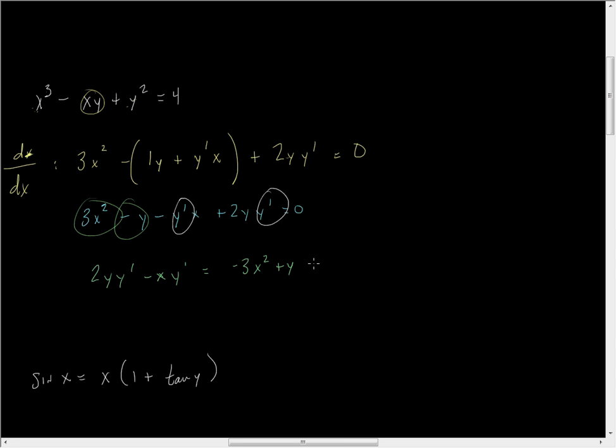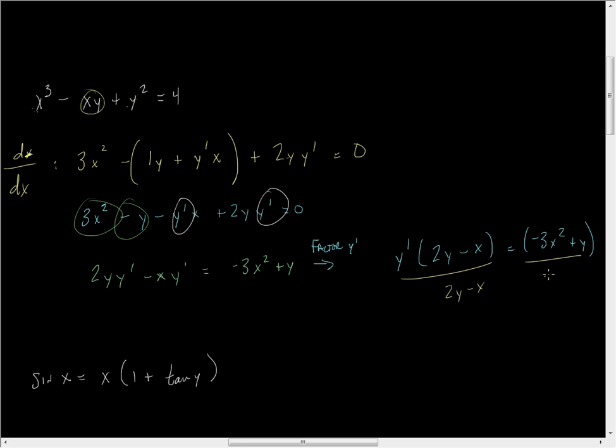So after I factor y prime, now I've got y prime times 2y minus x times that whole quantity is equal to, and I'm going to put this stuff in parentheses just to keep it separated when we do the next step, which is divide. Dividing both sides by 2y minus x.